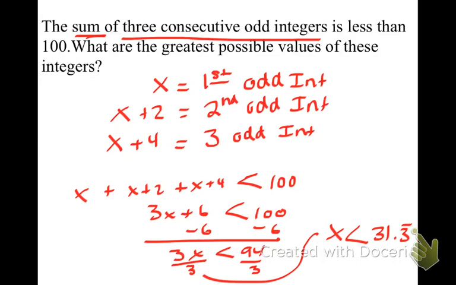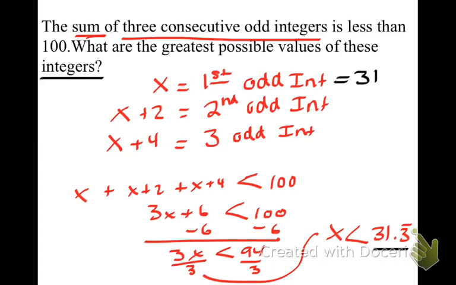Here's the thing. They want the greatest possible values of these integers. The question is, 31 and 0.3 repeated, is that an integer? If you remember from our groups of numbers, our integers are positive or negative whole numbers. So x has to be the closest odd integer less than 31.3, which would be 31.